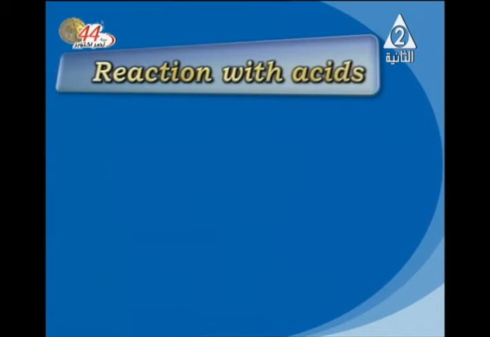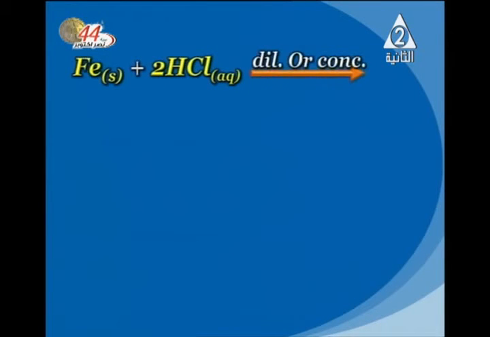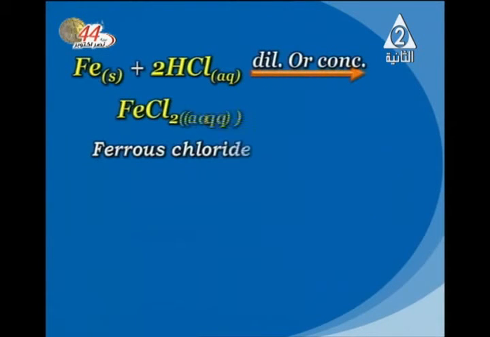Now we are going to discuss the reaction of iron with acids. Iron reacts with dilute mineral acids to form iron 2 salts and hydrogen. As the equation on the screen shows, iron plus dilute hydrochloric acid gives iron 2 chloride, or ferrous chloride, and hydrogen gas is released, as the following animation shows.